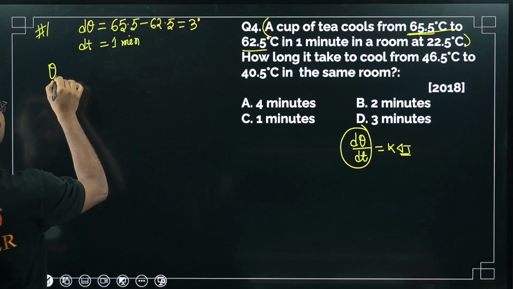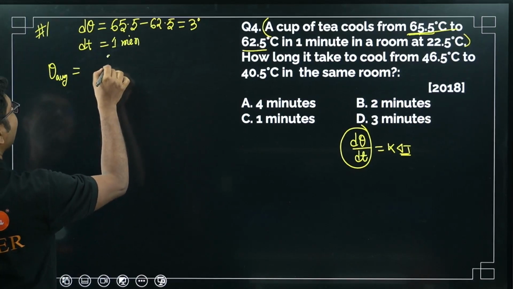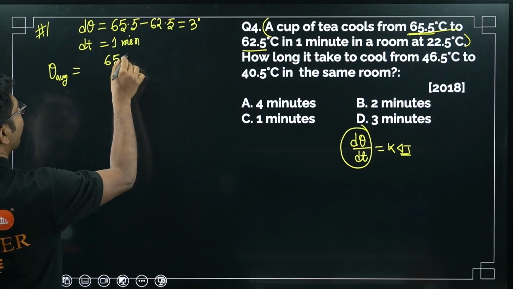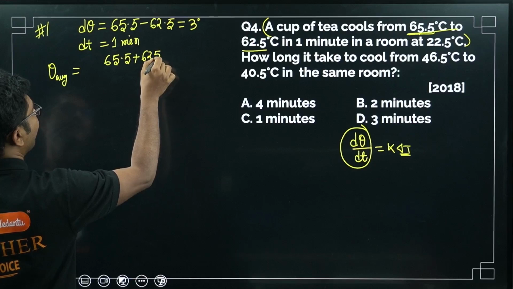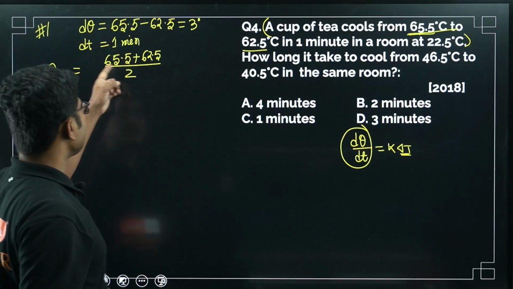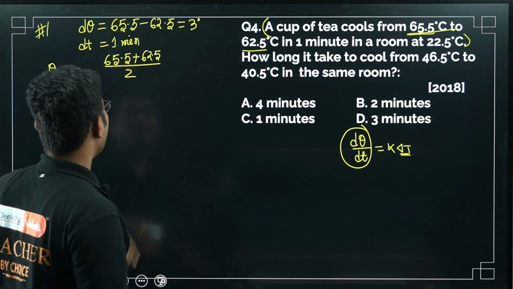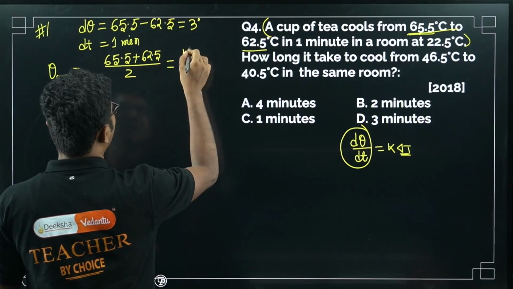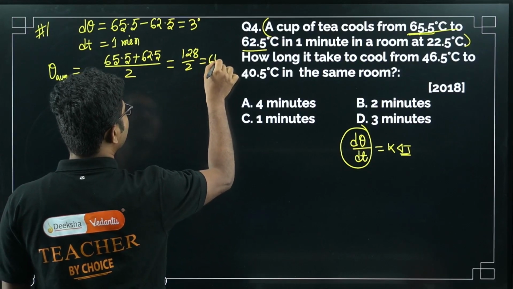So theta average, we simply add them: 65.5 plus 62.5 divided by 2. 128 divided by 2. So the average is 64 degrees Celsius.